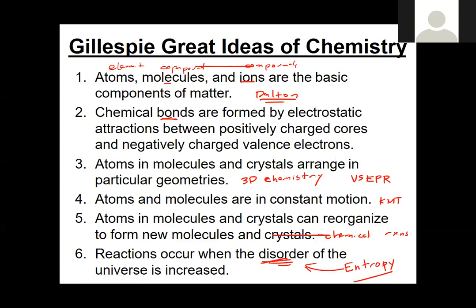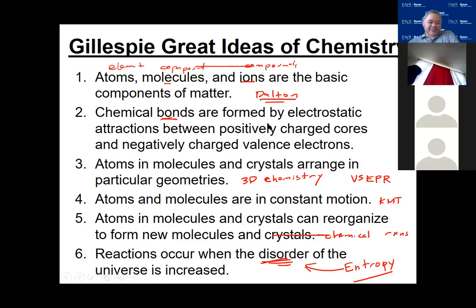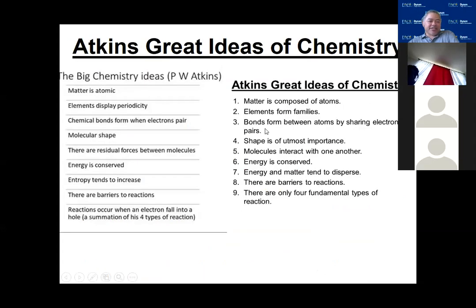Okay? So the next one who proposed what we call the great ideas is Peter Atkins. Now, if you are a chemistry major, you know Peter Atkins. Why? Because Peter Atkins is the author of most of what we call physical chemistry books. Okay?